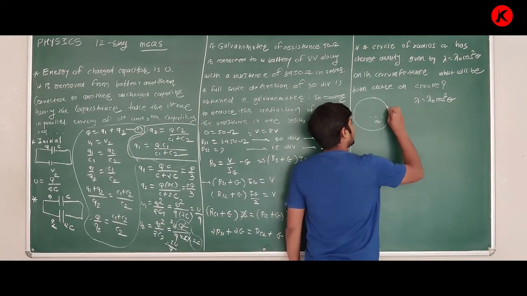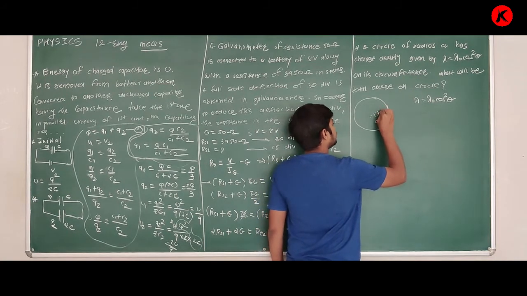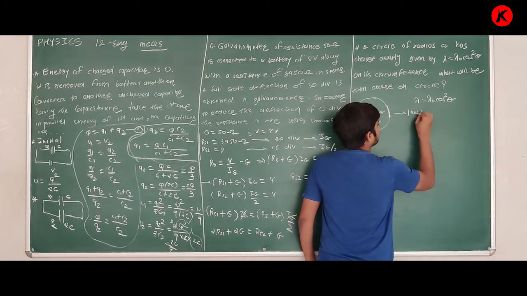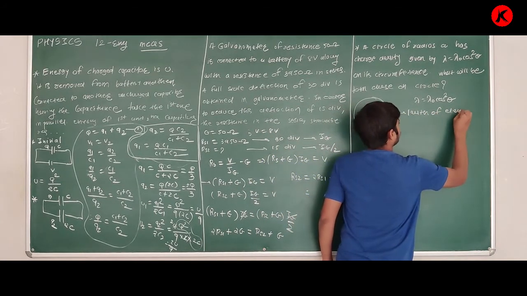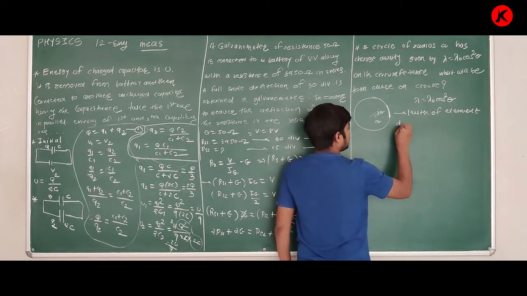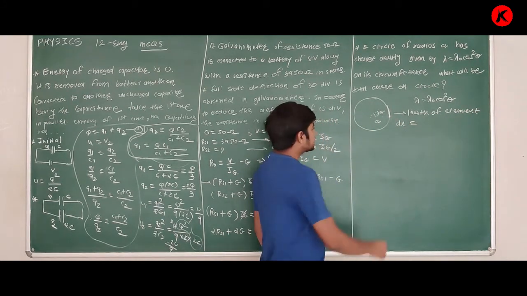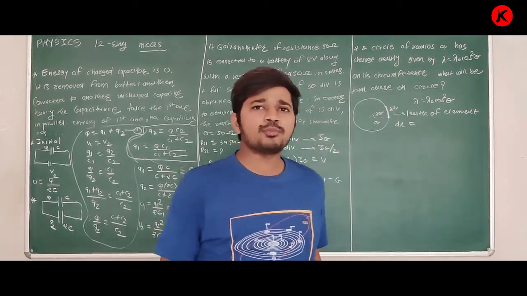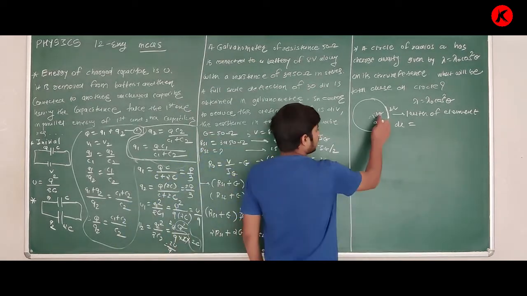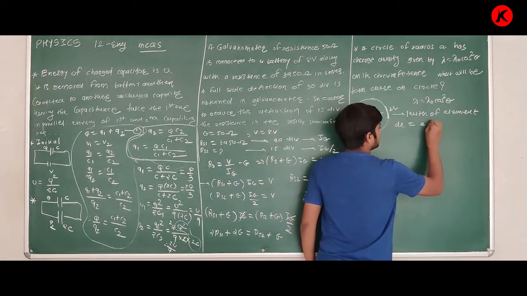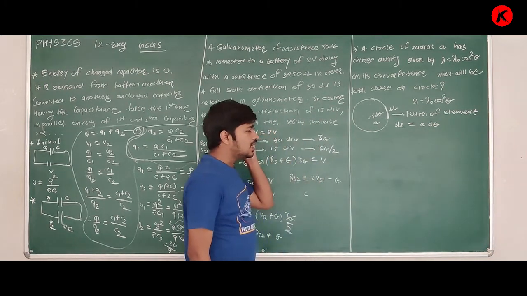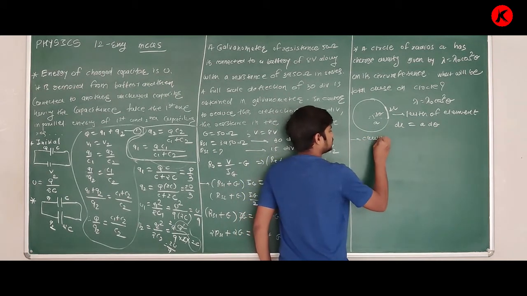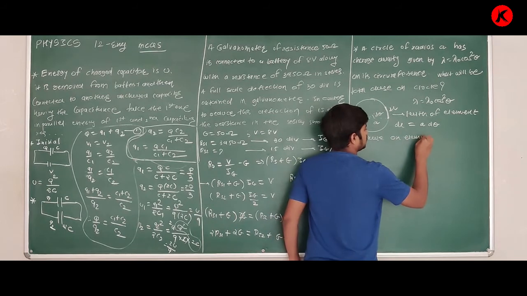If this element subtends angle d theta, then what is the length of the element? We know the relation that angle is equal to arc upon radius. So arc is equal to angle into radius, that means dl is equal to a d theta. So that is the length of the element. So what is the charge on the element?